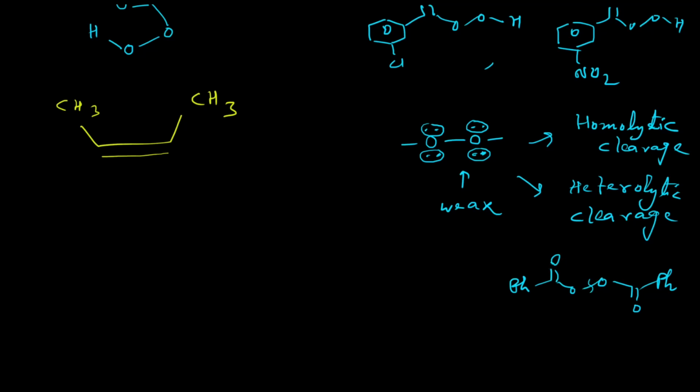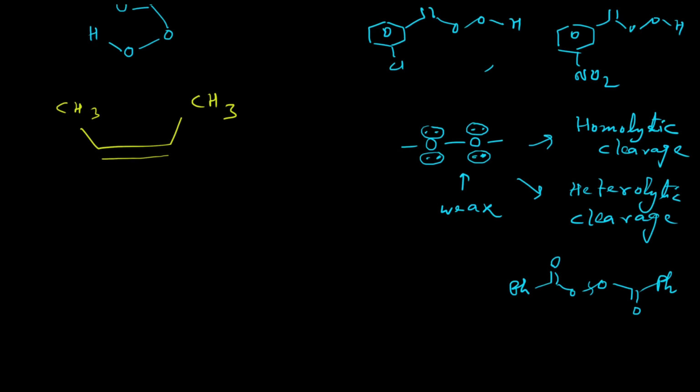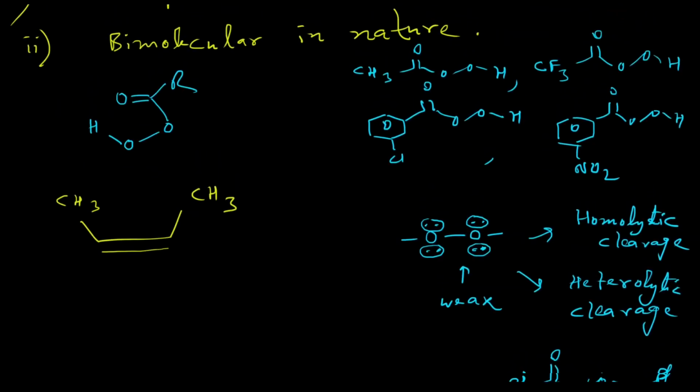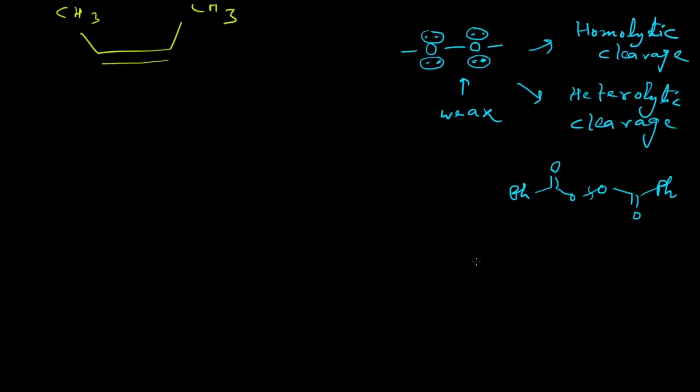But in the case of unsymmetrical peroxides, like in our case the peracids, there will be a tendency to break this peroxide linkage via a heterolytic mechanism. So which one will be the actual electrophilic oxygen atom?